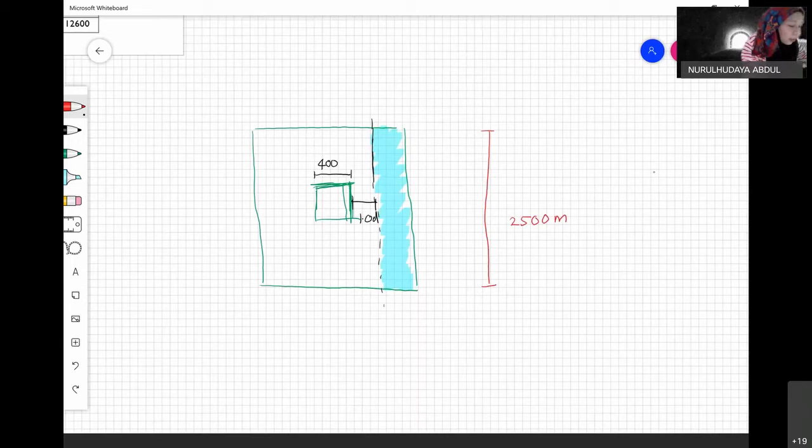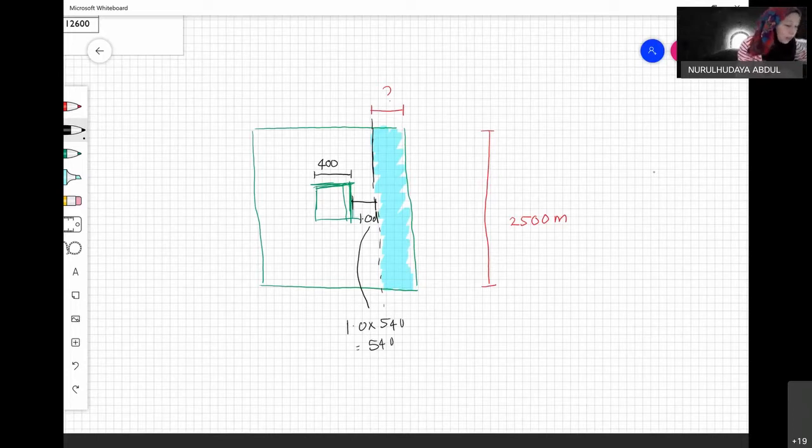But then we need to find this width so that kita dapatlah area shaded ni. So 1.0D, we know that the D is 540. Kita dah calculate kat atas tu, 1.0 times 540, so you akan dapat 540 juga.